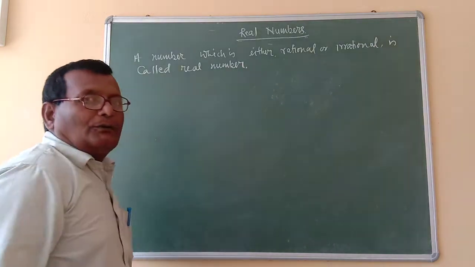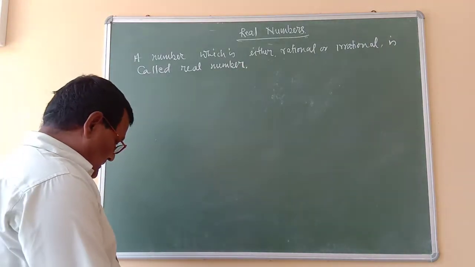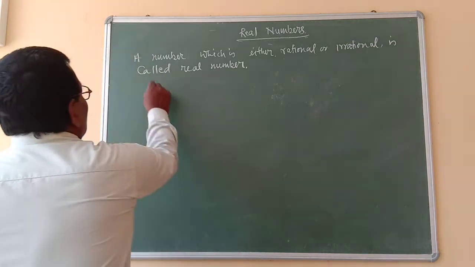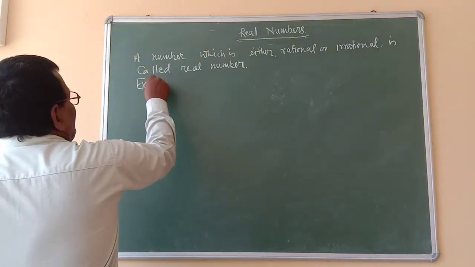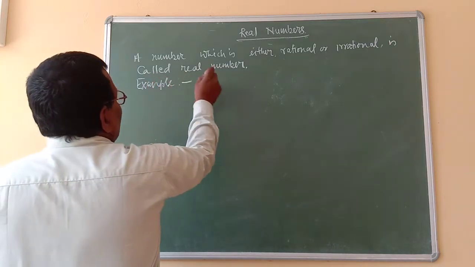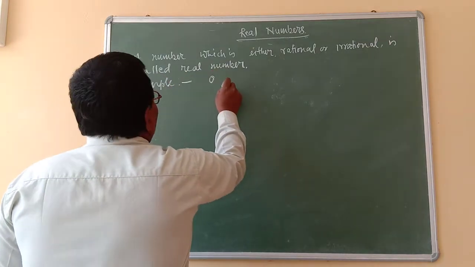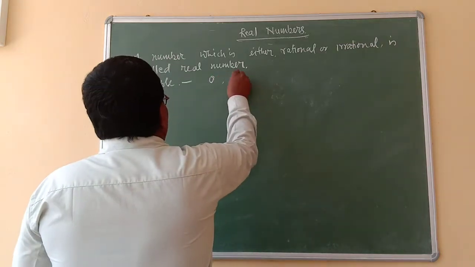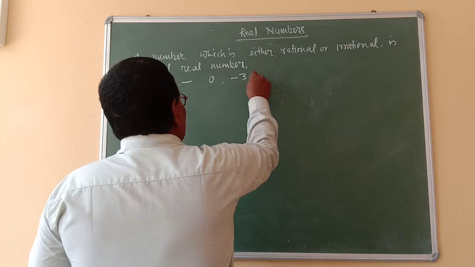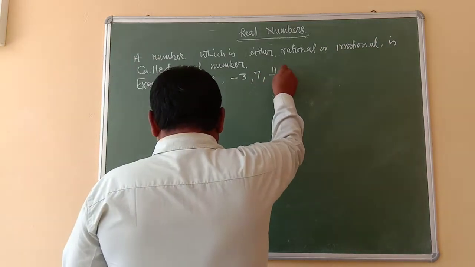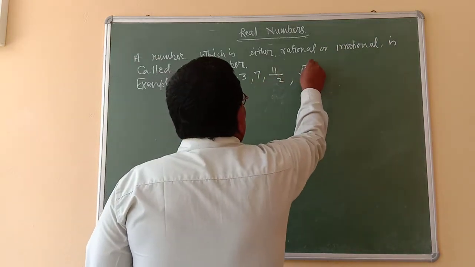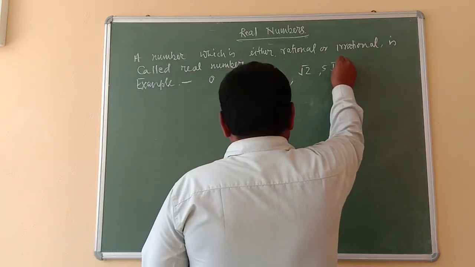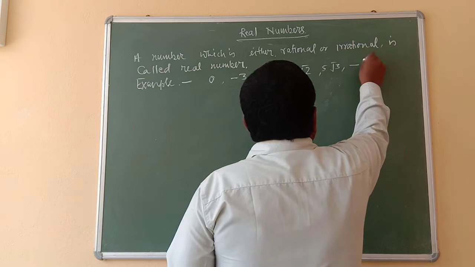You know what a rational number and an irrational number are. Examples of real numbers: 0, -3, 7, 1/2, √2, 5√3, -√6.